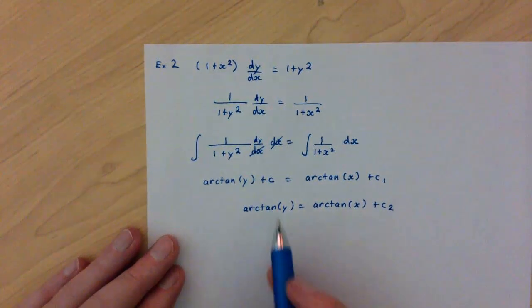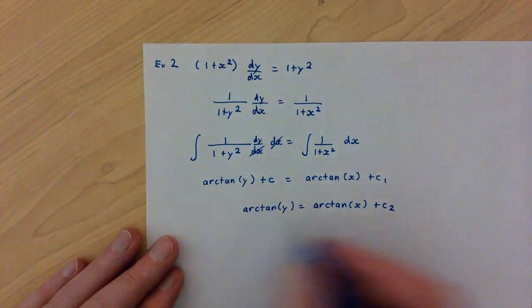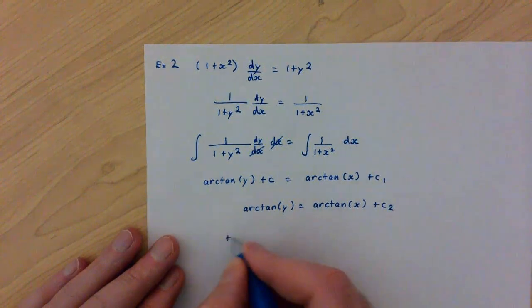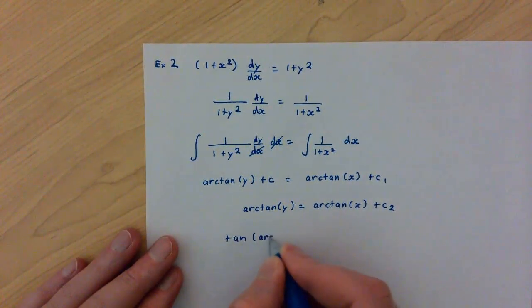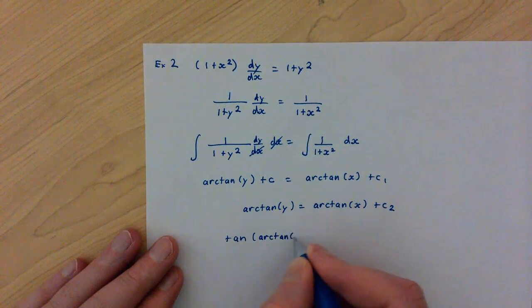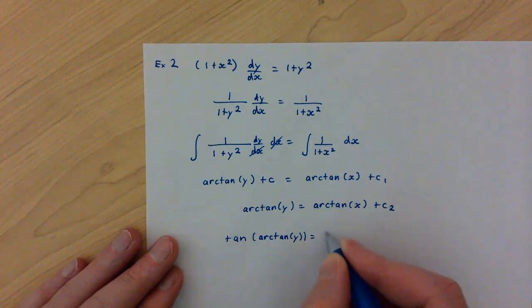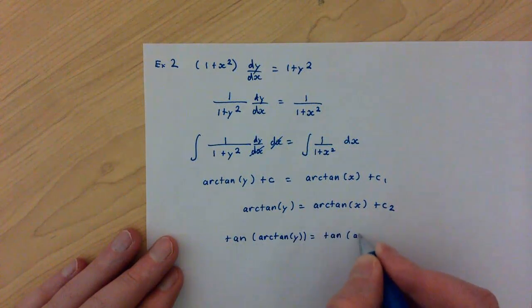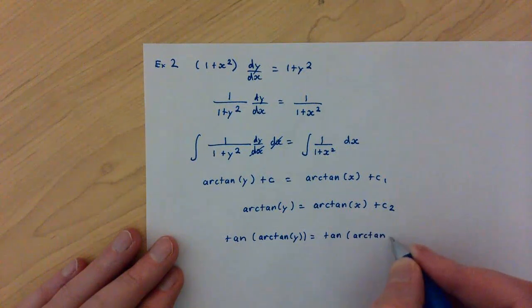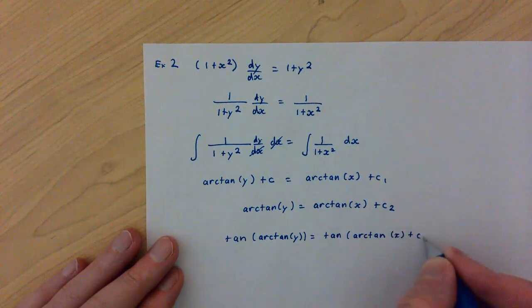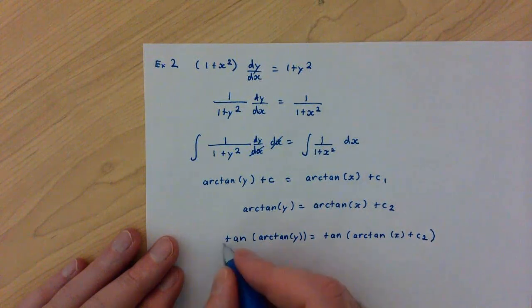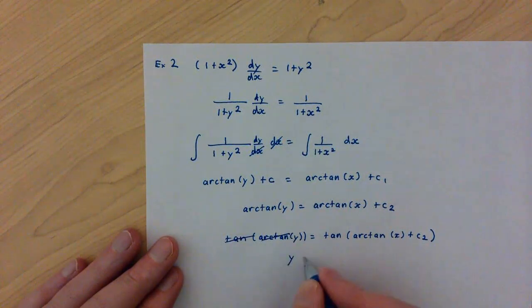and then to get y, I need to take tan of both sides, so I have tan of arctan of y is equal to tan of arctan of x plus c2. So the tan and the arctan will cancel there.